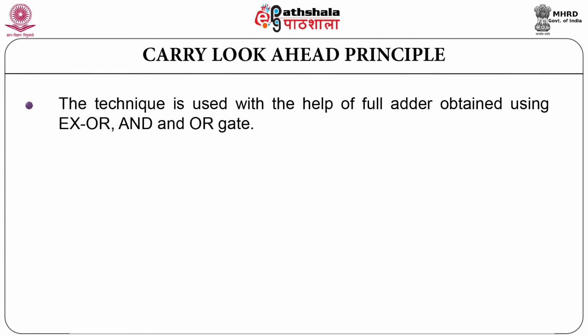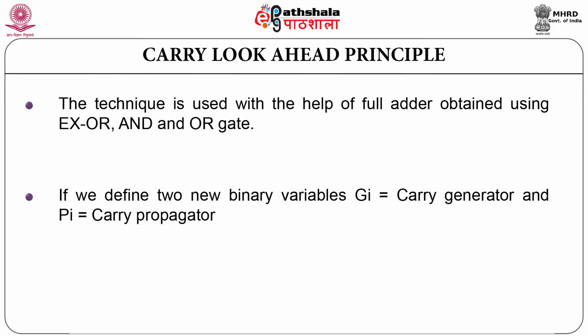To understand this principle, we have to talk about a technique. The full adder is obtained by using the exclusive OR and the OR gates. With slight modification, we define two new binary variables Gi and Pi, and the carry look ahead principle is used. Gi is the carry generator, Pi is the carry propagator.